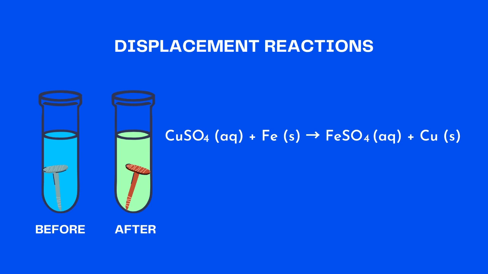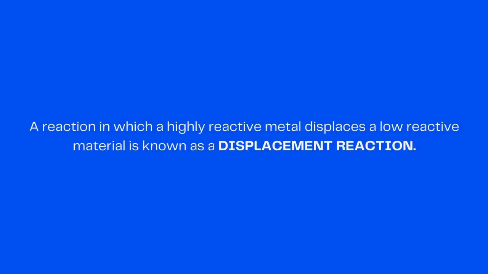CuSO4 plus Fe gives FeSO4 plus Cu. This copper is the one that is deposited on the iron nail, and the FeSO4 is the green color of the solution. What do we conclude here? We see that the iron has displaced the copper to form FeSO4. A reaction in which a highly reactive metal displaces the less reactive metal is known as a displacement reaction.